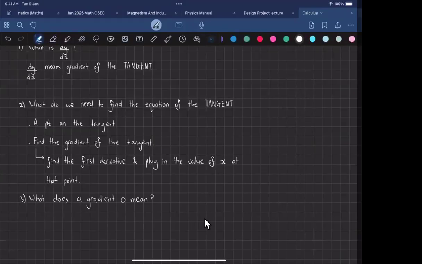It means that at that point, the point is the maximum or minimum.